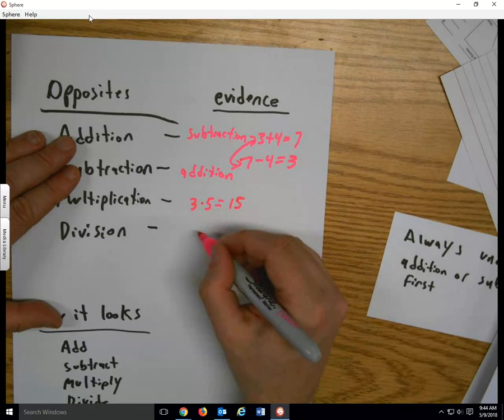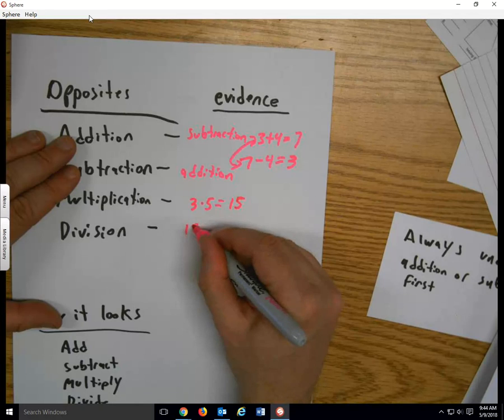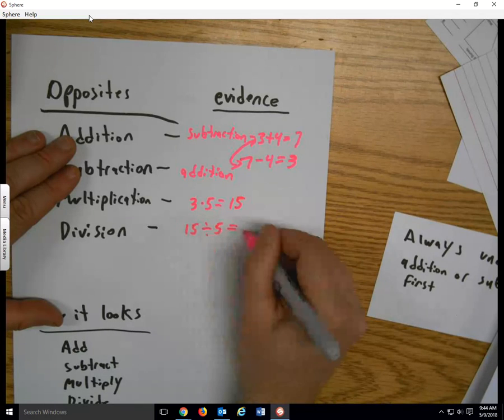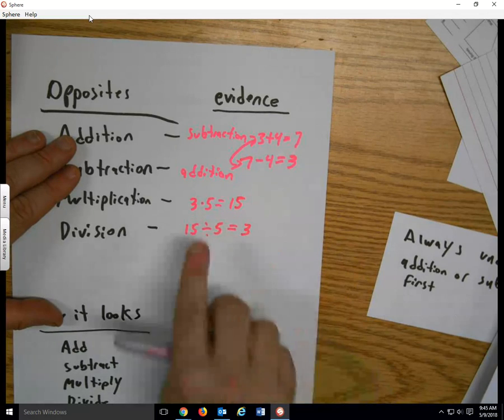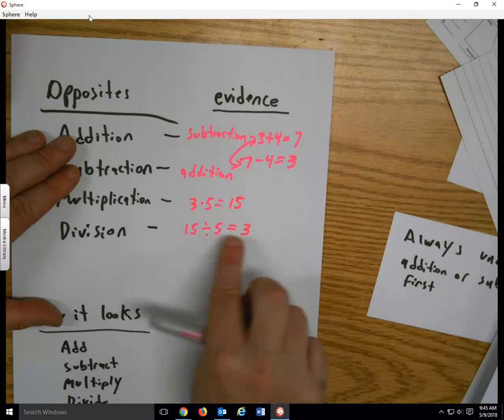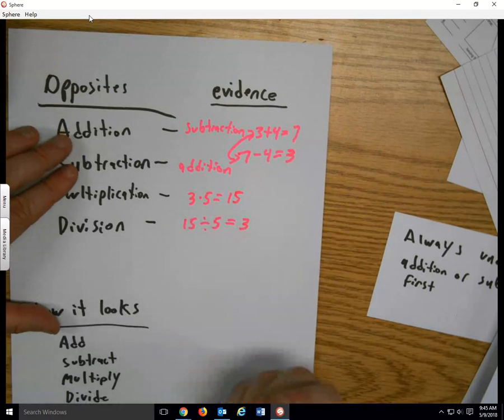So let's do it the opposite way. What is 15 divided by 5? It equals 3. So going one way, you get 15. Dividing the other way, you get the 3. So they're opposites of each other.